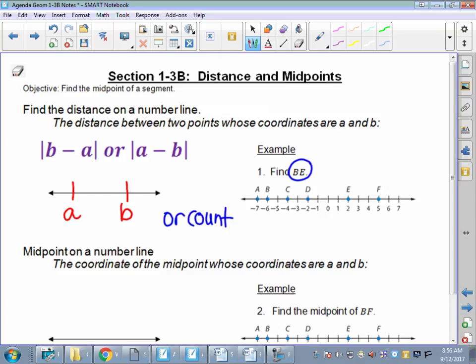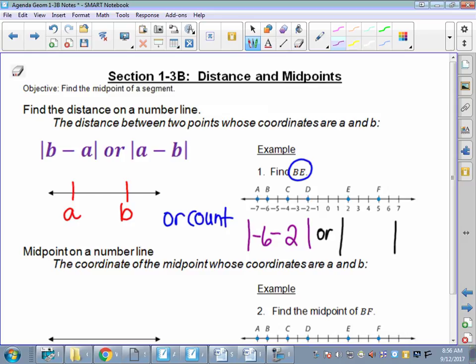So over here, you might have counted to figure out the distance, for example, it is 8. Or if we're going to follow that formula, you might say we would do the absolute value of the coordinate of B minus the coordinate of E. Or, if you didn't care about that, you could go the other way.